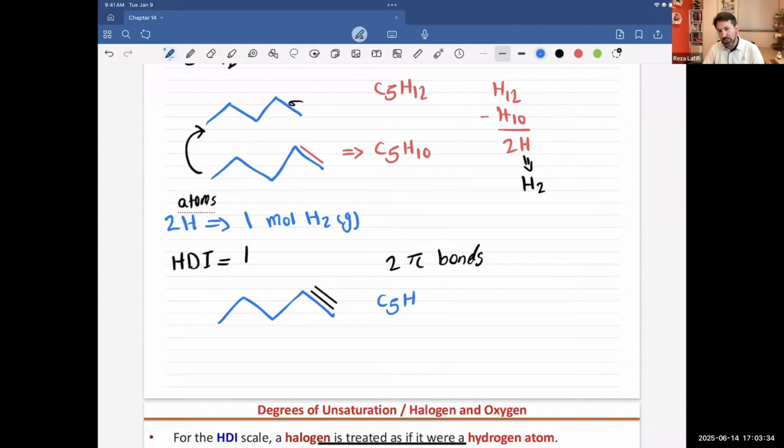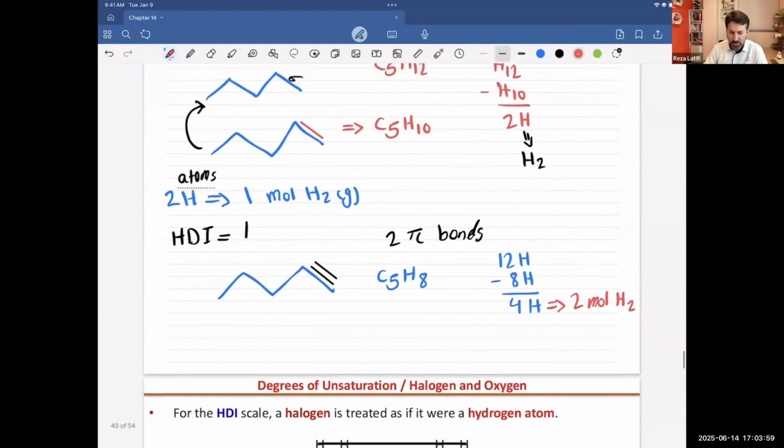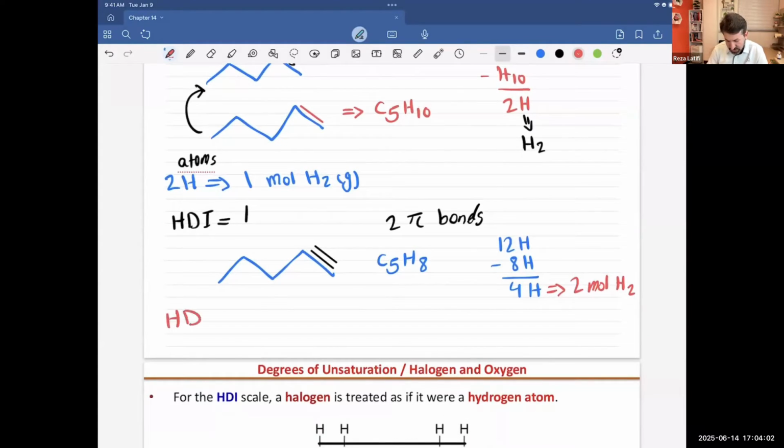From the starting compound we removed 4 hydrogen, so we're going to have 8 hydrogen. Again, we started with 12 hydrogen and have only 8 now, so I'm dealing with 4 missing hydrogen. Those 4 hydrogens I can write as 2 moles of H2 gas. So what's going to be the hydrogen deficiency index? It is equal to the number of moles of hydrogen gas, and that's going to be equal to 2.